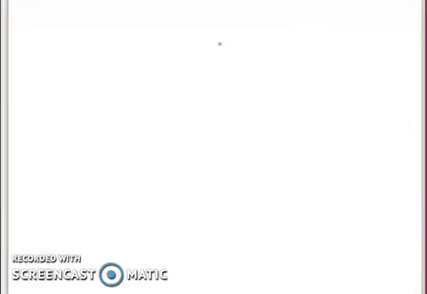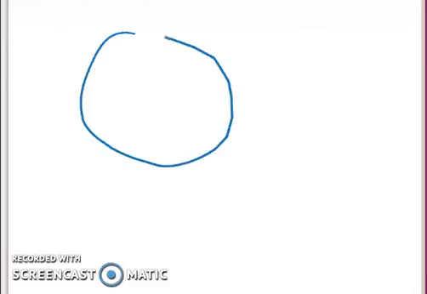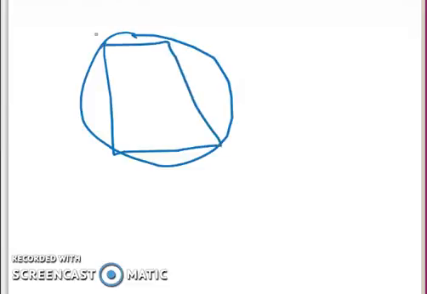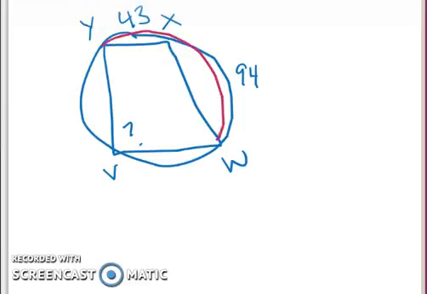All right, last one. The last one asks you to solve for angle V. So basically, all we really have to do is, again, we notice that V is opening up to this arc here.